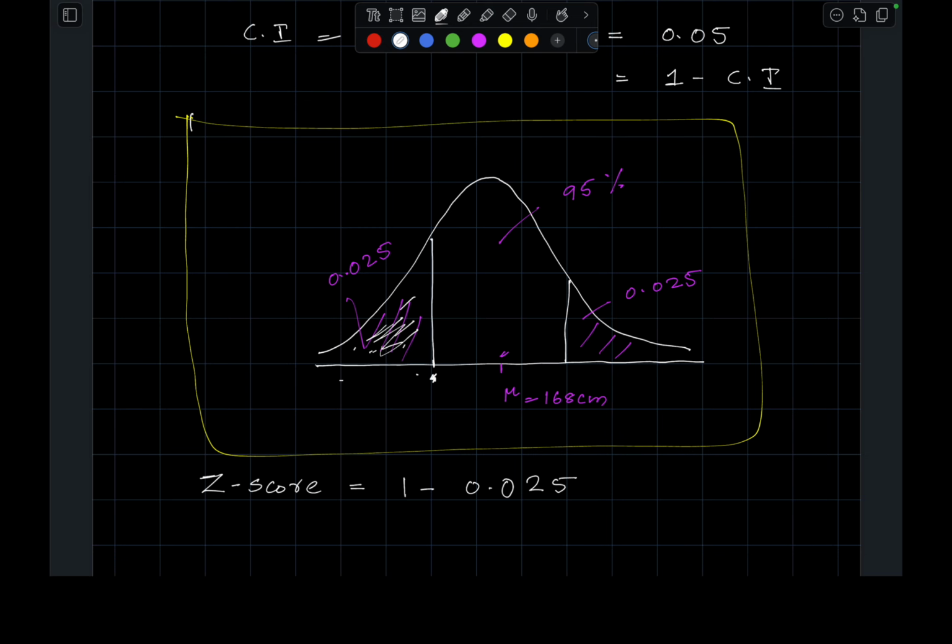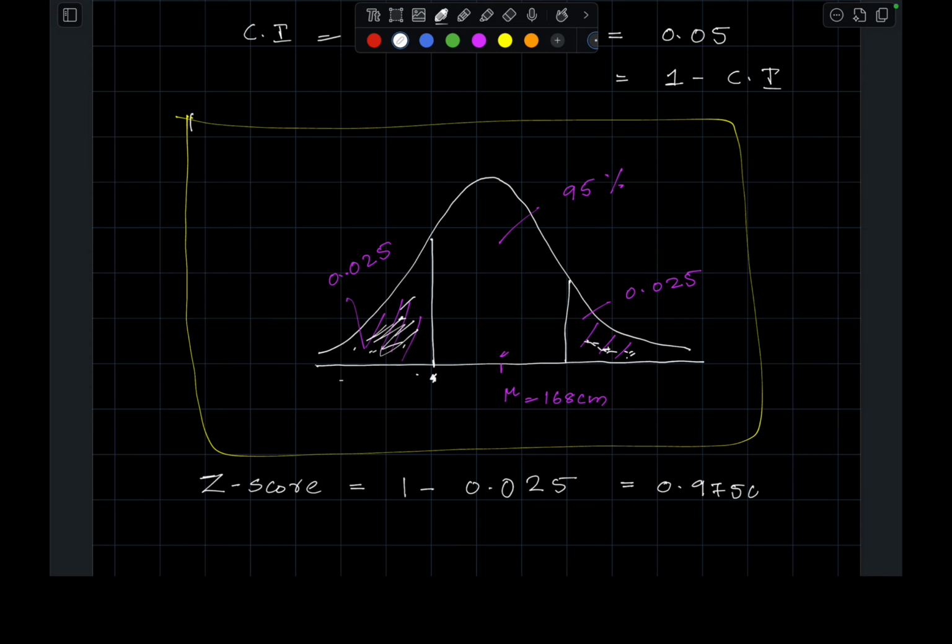With 2.5 percentage confidence, we can reject our initial belief in this area, and in this area also we can reject, right? So our Z value is 1 minus 0.025, which is equal to 0.9750.